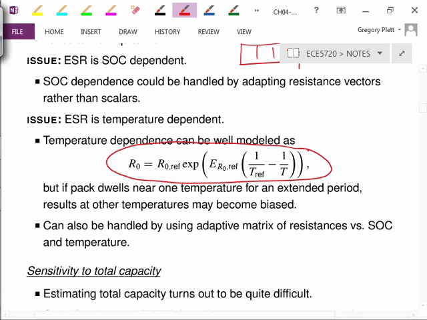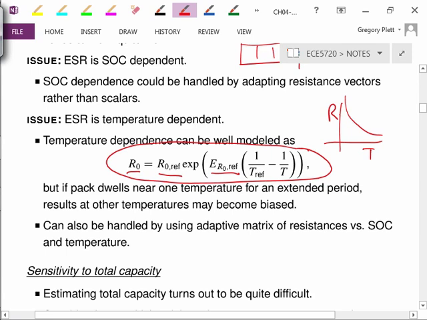So we could say that the true resistance is equal to a reference resistance at a reference temperature times EXP of a tuning factor, the activation energy, if you will, times 1 over Tref minus 1 over present temperature. You can find that does pretty well. It's an exponential shape of resistance versus temperature, and resistance looks like that.